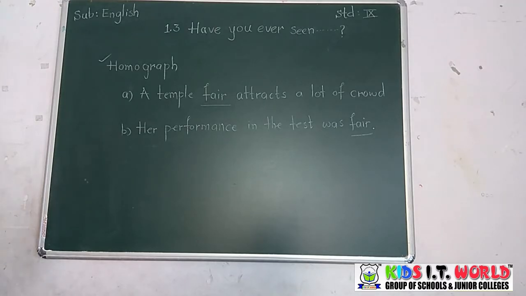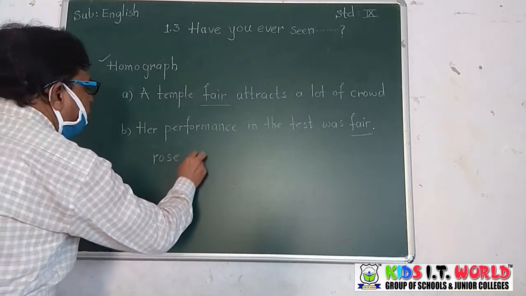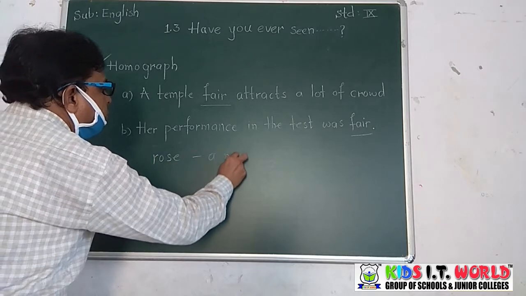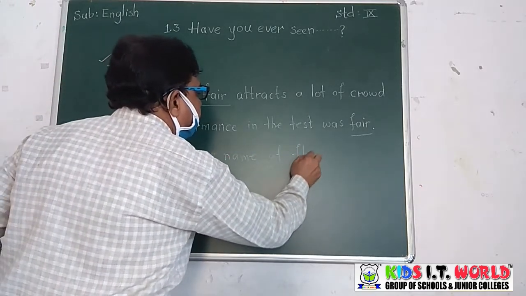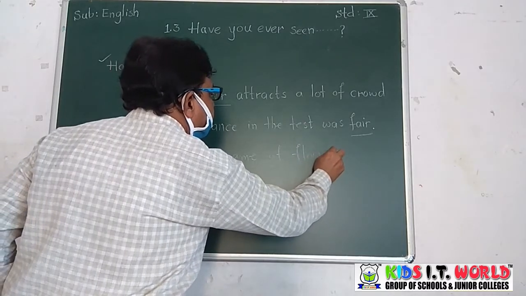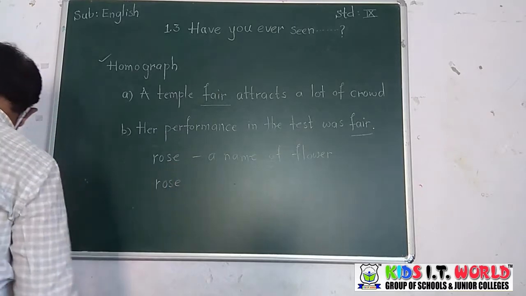One more example is there. A rose is the king of flowers. Here rose is the name of a flower. In the second example, the sun rose with a golden glow. In the first example, rose is the name of a flower, and in the second example, the sun rose.